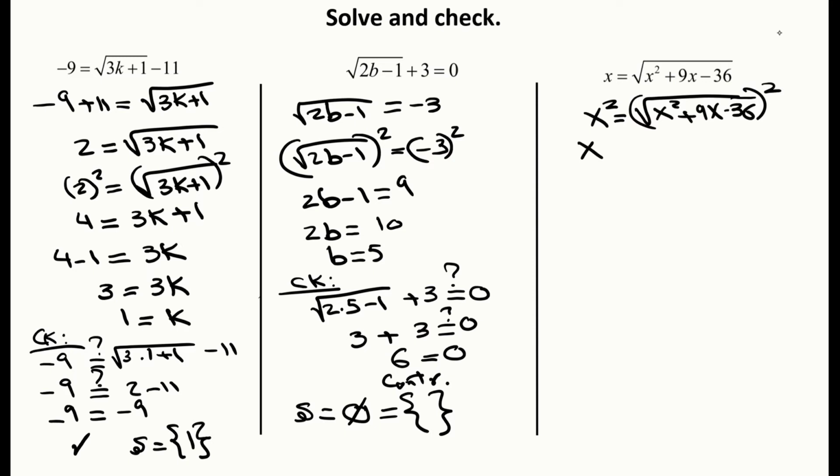So then we get x squared equals, of course, it doesn't matter what the radicand is. As long as you're taking a square root and squaring it, you always get the radicand as it was. So here we end up with x squared plus 9x minus 36.